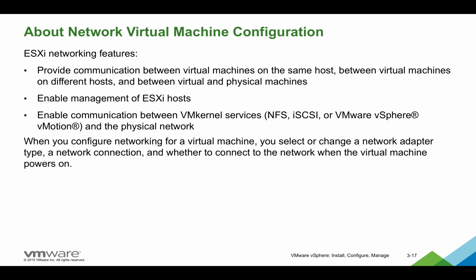This also enables management of your ESXi hosts, and it enables communication between VM kernel services, network file system, iSCSI, or VMware vSphere vMotion, and the physical network itself. When you configure networking for a virtual machine, you select or change a network adapter type, a network connection, and whether to connect to the network when the virtual machine powers on.